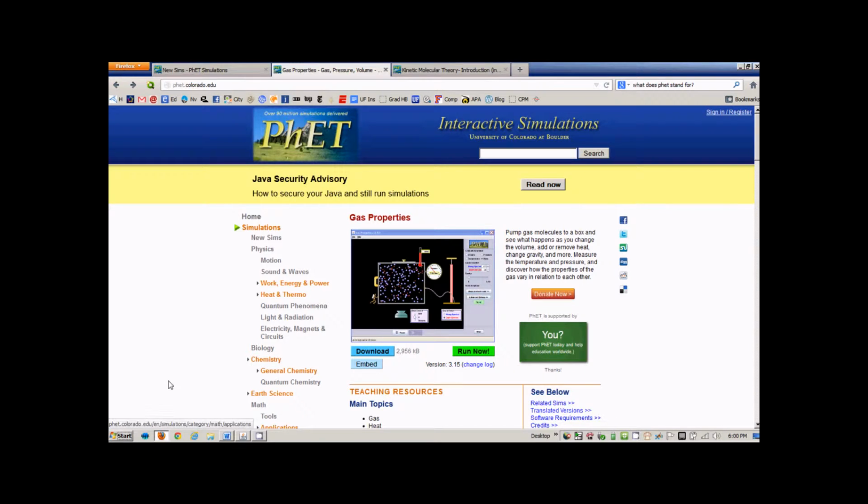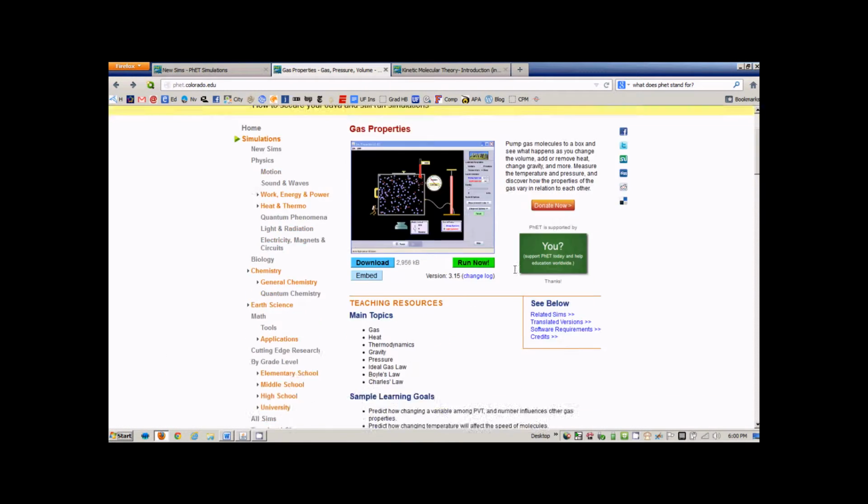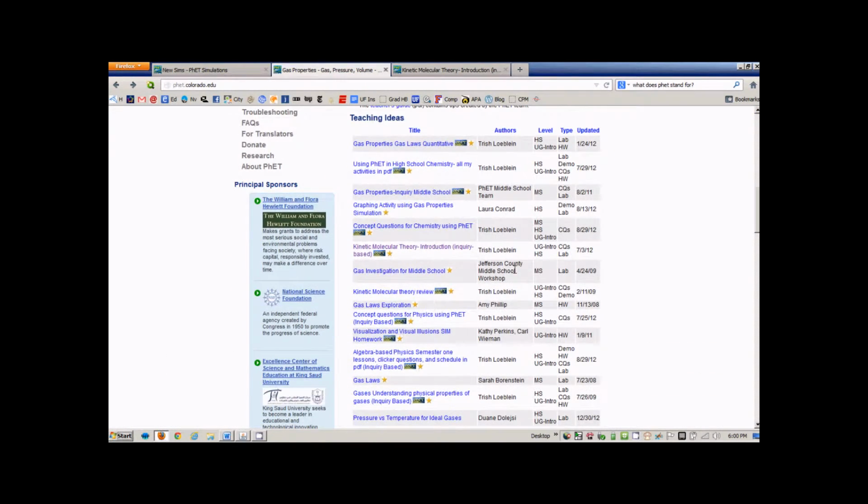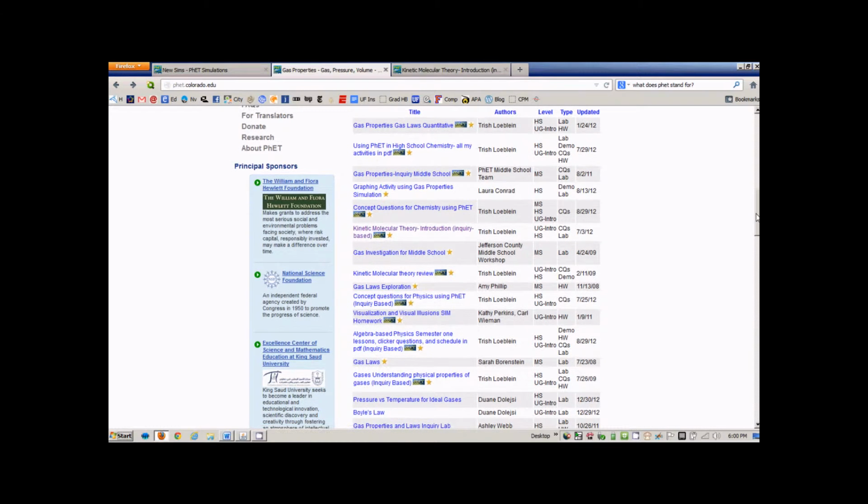On another level, which is really nice, if you scroll down below the simulation, there is a listing of resources produced by others in the field. Many are produced by the University of Colorado, but also by others.